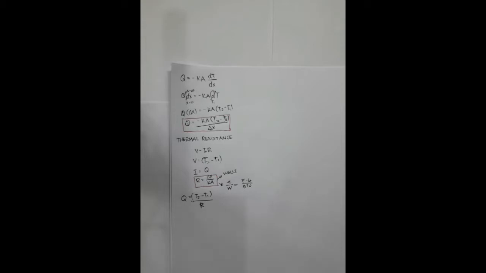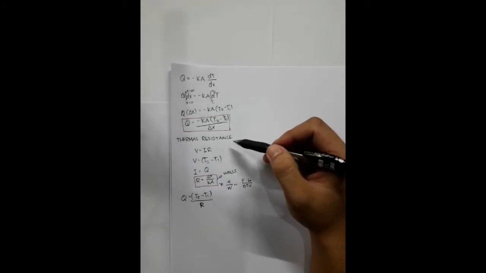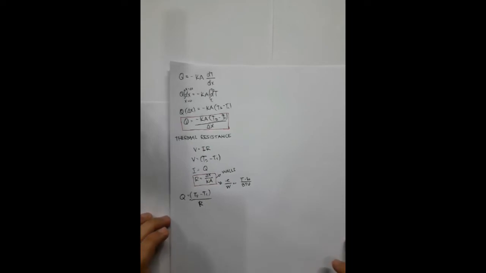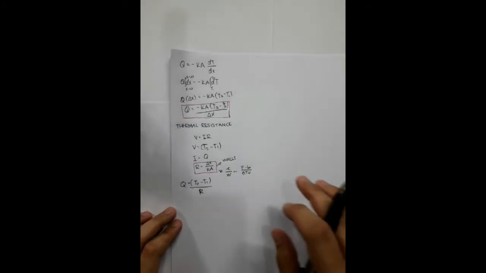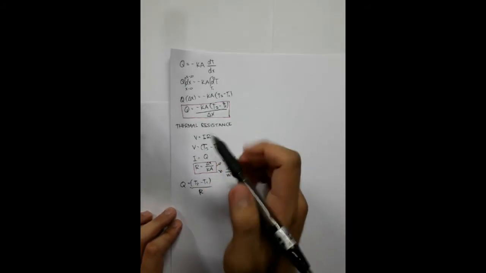So, sabi nga natin kanina, ang thermal resistance sa heat transfer is analogous sa electrical resistance sa electrical circuits. So, meron din tayong series and parallel para po dito. Katulad lang din po sa electrical circuits, ang formula ng series and parallel is the same lang din po for the thermal resistance dito po sa heat transfer.